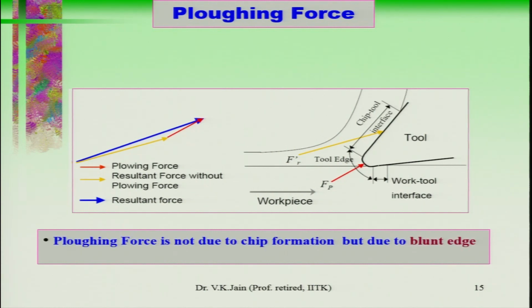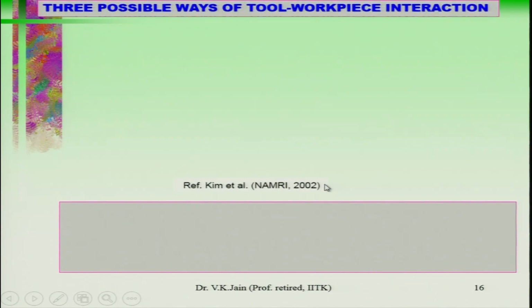So, plowing force is not due to chip formation, but due to the blunt edge, and this is the edge, and you can see the radius of the edge also. This plowing force becomes significant if the depth of cut is small.